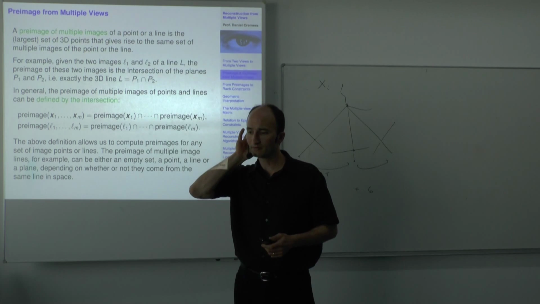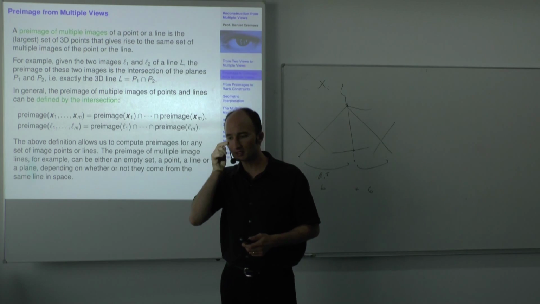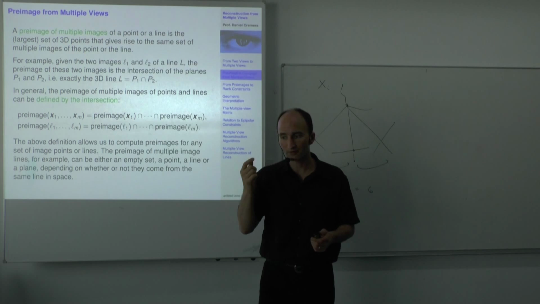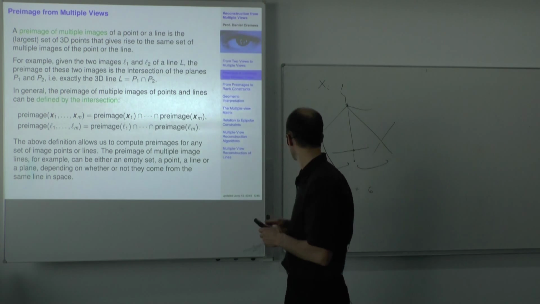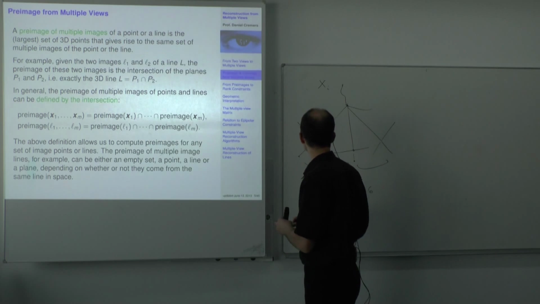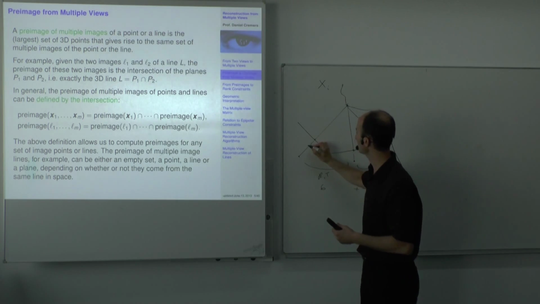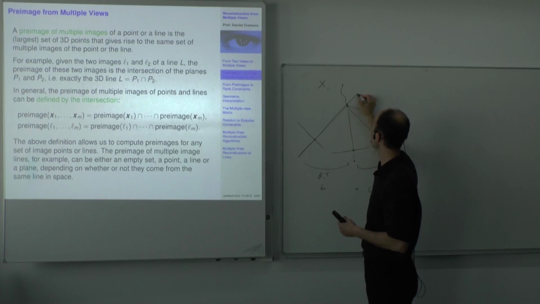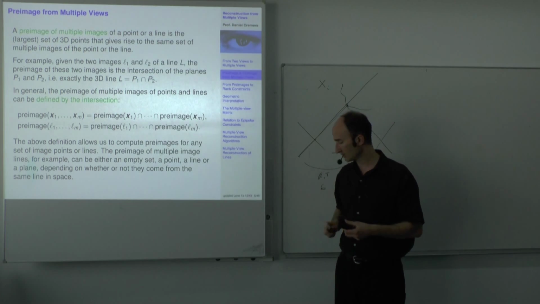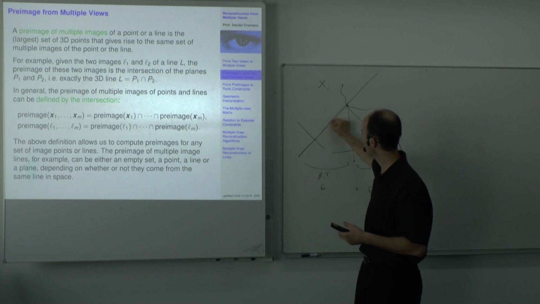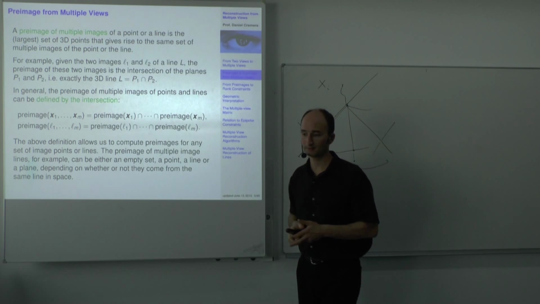And the idea of tackling the pre-image, we talked about pre-images for 2 views, and said for 1 view actually, we said the pre-image of a point, for example, is the line of points that are possible reconstructions. These are the points which map to the same observation.